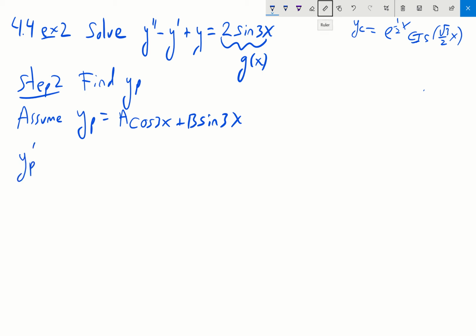So y prime, according to the chain rule, be very careful, but you're going to end up with the derivative of the first term being negative 3a sine 3x. The derivative of this term would be 3b cosine 3x, I forgot my b.